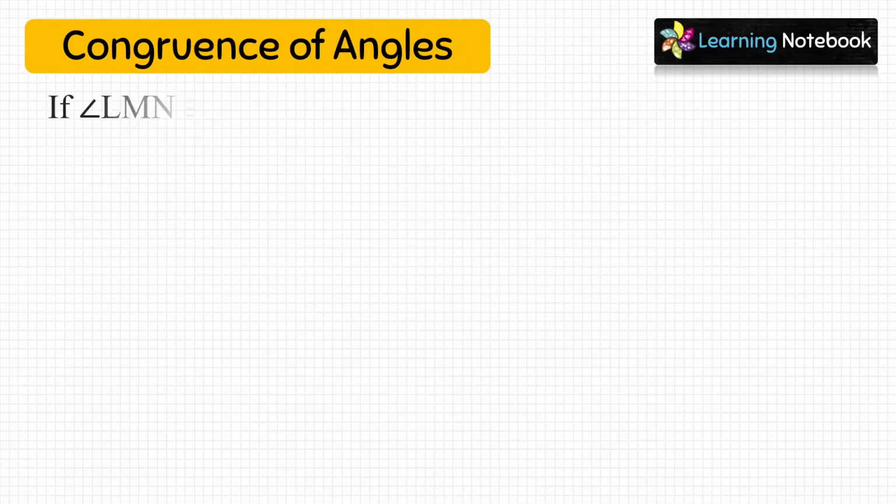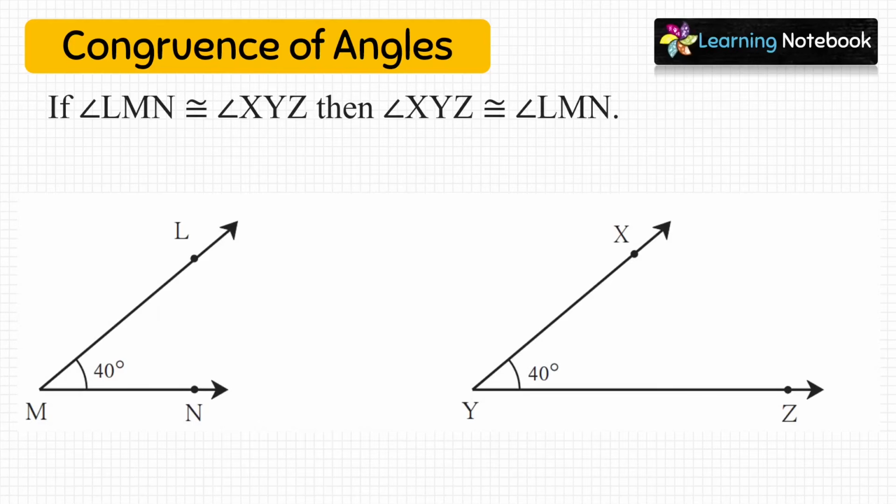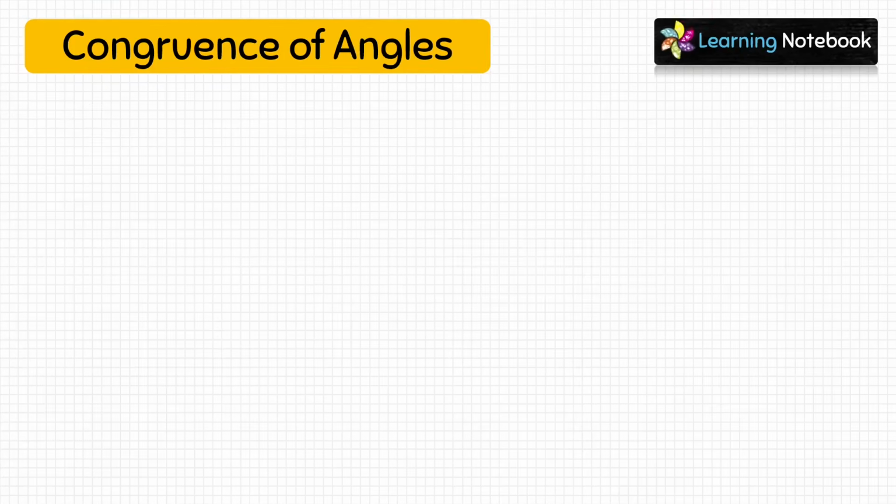So the first property of congruence of angles is if angle LMN is congruent to angle XYZ, then angle XYZ is also congruent to angle LMN.